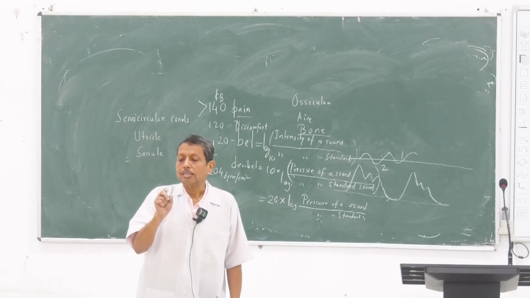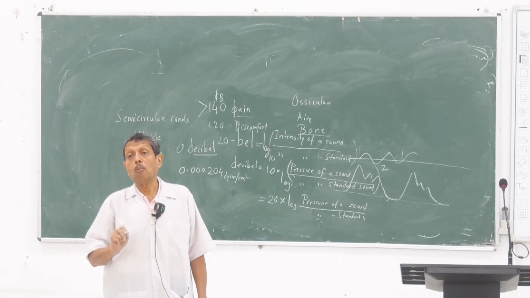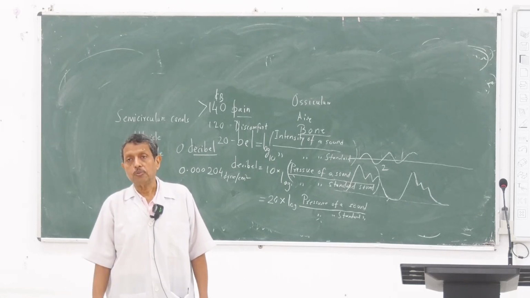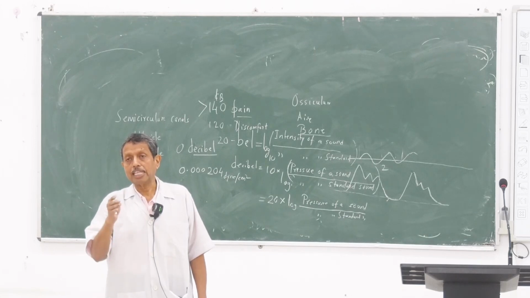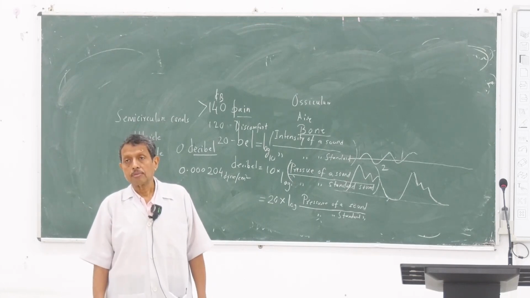The base of the stapes ends in the oval window of the inner ear, and the pressure change is transmitted into the fluid there, to the scala vestibuli of the inner ear.